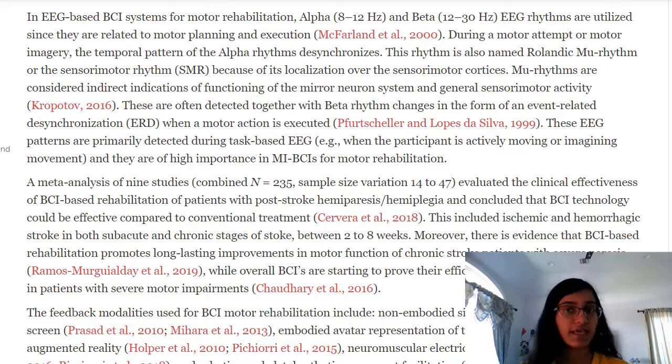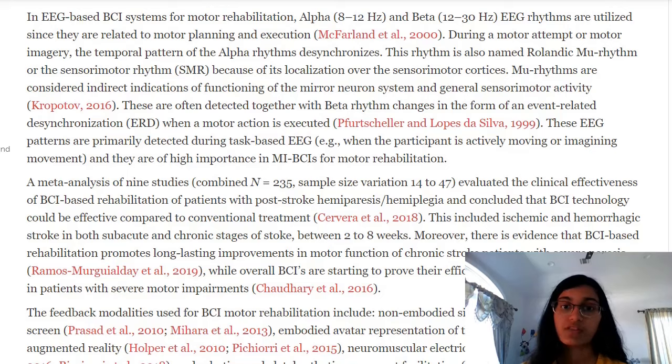Okay, so essentially what they're saying is that alpha and beta EEG rhythms, two different ranges of frequencies, are going to be tracked when using BCI systems for motor rehabilitation, because destabilizations in the rhythms help to indicate movement. They say, for example, that the alpha rhythm desynchronizes and causes a mu rhythm in the sensory and motor cortices of the brain.